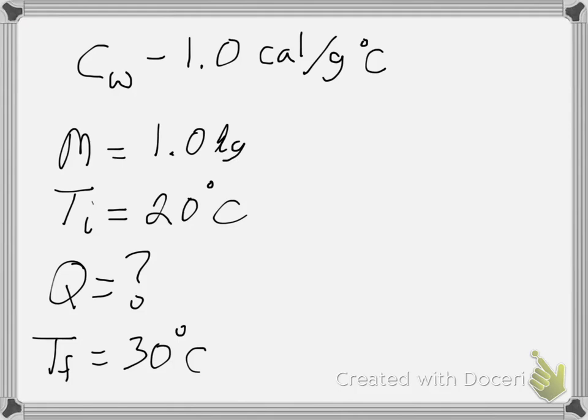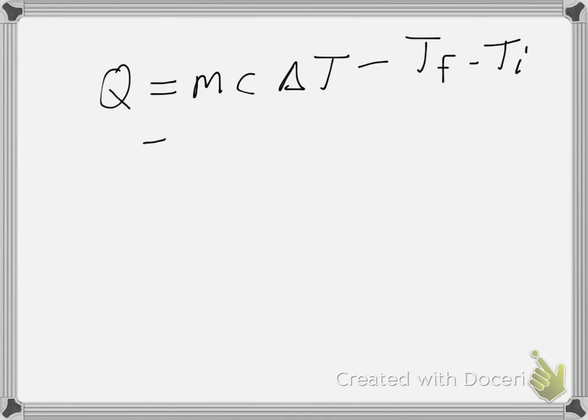Okay? So, how do I set this up? Well, we're given the specific heat, we're given the mass, and we're given our two temperatures. So all we have to do is plug into the equation that we've been given, Q equals mc delta T, where delta T is our final temperature minus our initial temperature. So our mass is going to be 1.0 kilograms times our specific heat capacity.